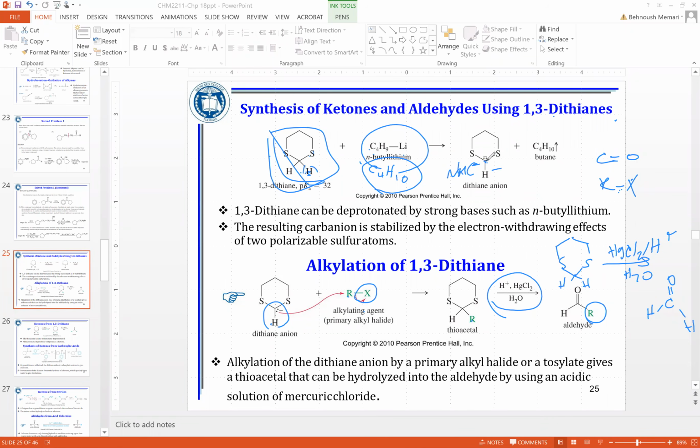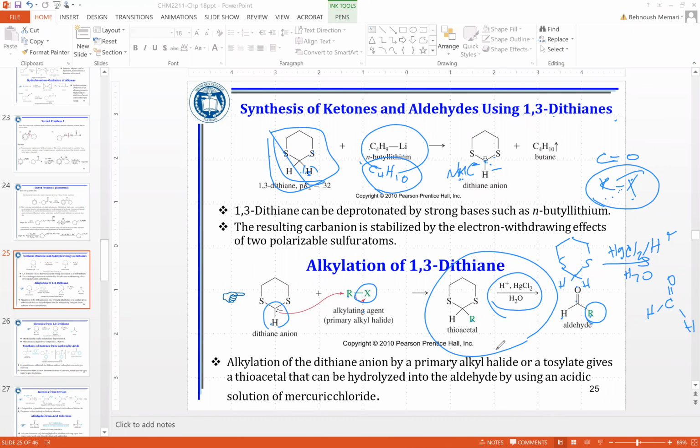So if you remove the hydrogen here, then you want to replace it with the R group, so you add alkyl halide. They're acting as a nucleophile. So a nucleophilic substitution reaction, the leaving group would leave and the R group would add. You hydrolyze in this step, and you would get the C=O double bond, one R group and one hydrogen.